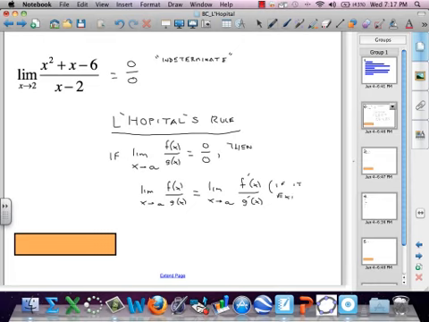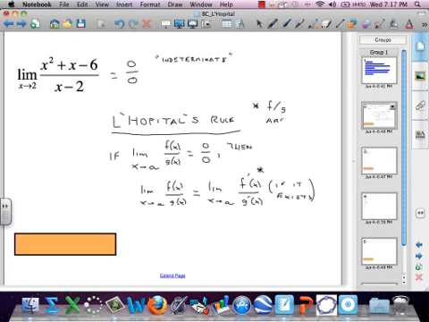And we may need to do the rule again. So what's required here? Well, f and g both have to be differentiable to even take a derivative of f and g. So that's kind of an implied assumption here. So f and g are differentiable.